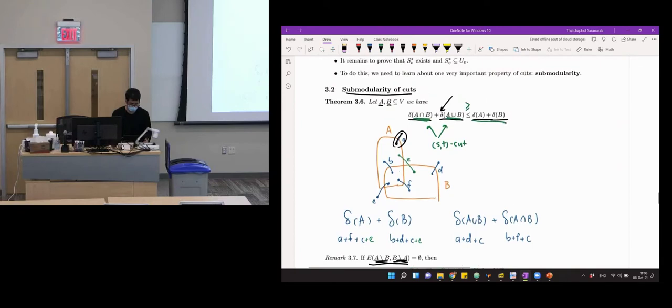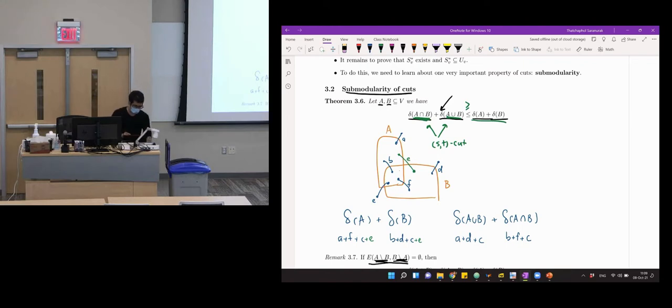And I skipped this proof in class, but I don't have a better proof than just this case analysis. If anyone knows a better proof, tell me.